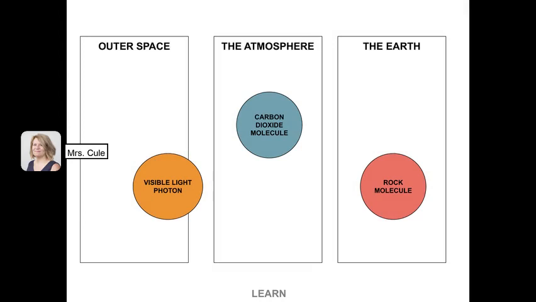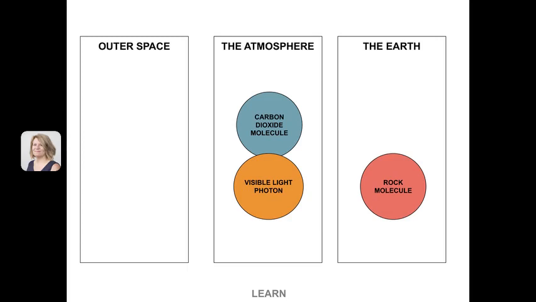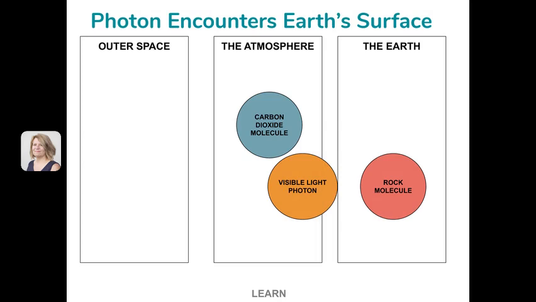Here you can see that visible light photon coming into the Earth's atmosphere and continuing on until it reaches the Earth's surface. Now there is carbon dioxide and other greenhouse gases in the atmosphere, but those gases do not absorb the visible light. So visible light photons pass right past them and continue on until they approach the Earth.